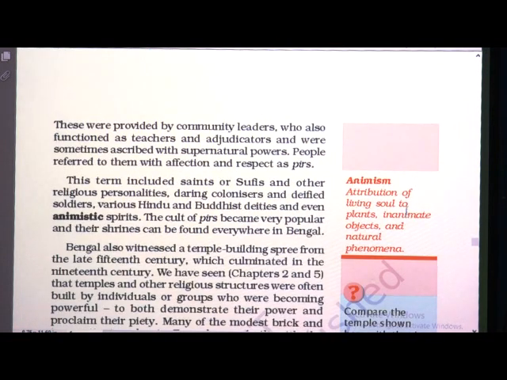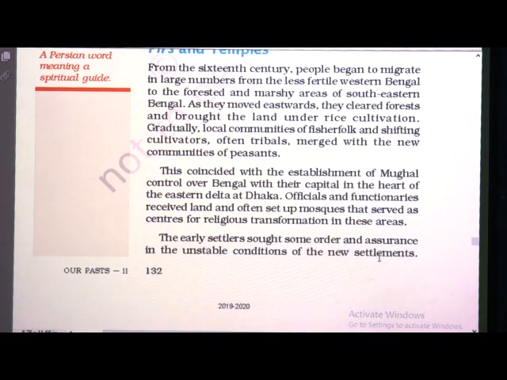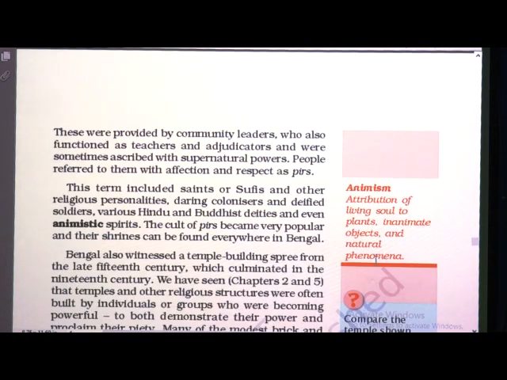The early settlers sought some order and assurance in the unstable conditions of the new settlements.